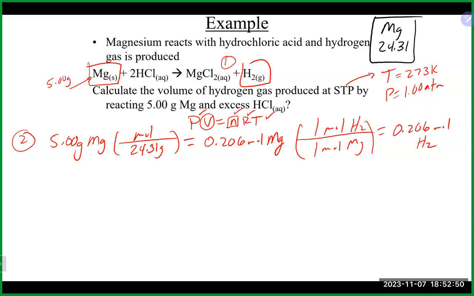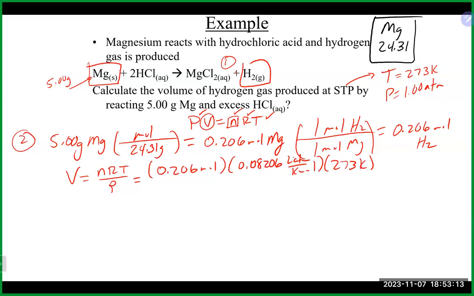At that point, if we go with the ideal gas law here, we now have everything that we need for the ideal gas law. We could solve for volume, which would be nRT divided by P. Put in our moles, 0.206 moles, our gas constant, our temperature, which is 273, all divided by our pressure, which is 1 atmosphere in this case.